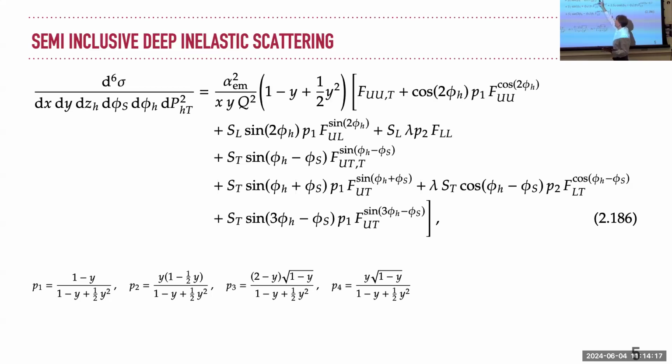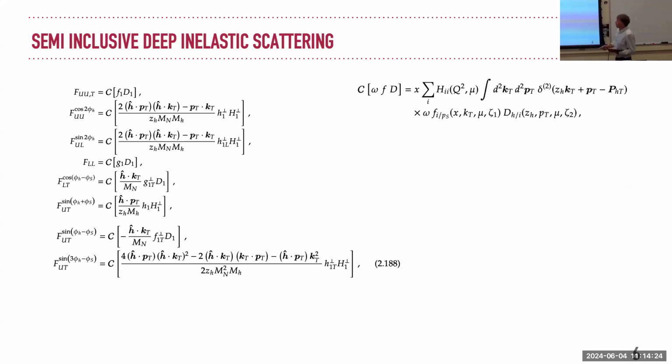So for instance, this one will be what is generated by the Sivers function. So it's relatively easy. Now, for all structure functions, of course, we don't know the transverse momentum of the quark, so we have to integrate them. So this is how it is done. And we have these very nasty, quote unquote, convolutions, because now every kT is convoluted with the other kT here. This integral is very complicated, if you like.